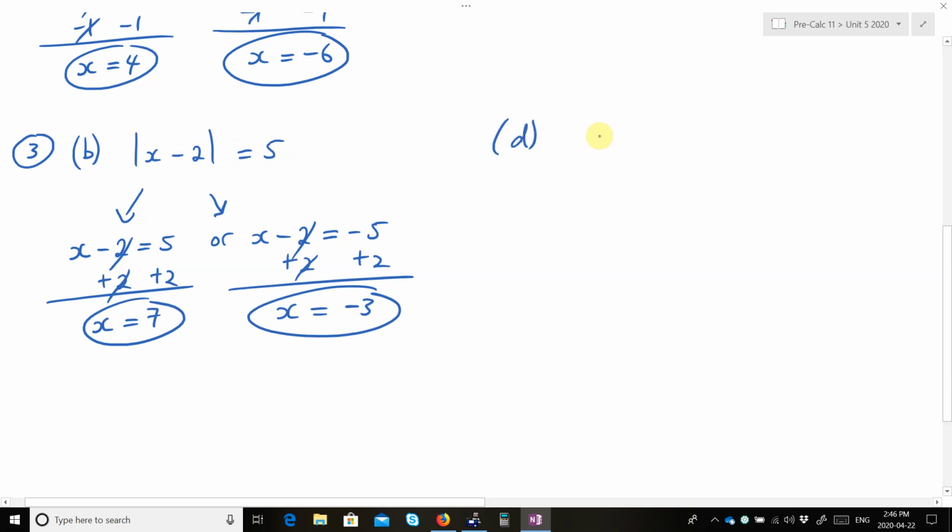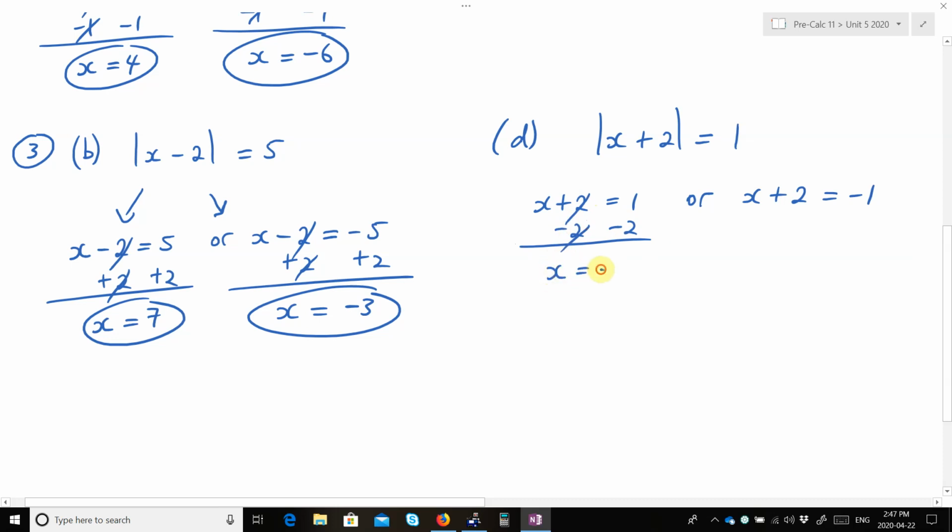Here is letter D. The absolute value of x plus 2 equals 1. The x plus 2 could work out to 1, or the x plus 2 could work out to negative 1.